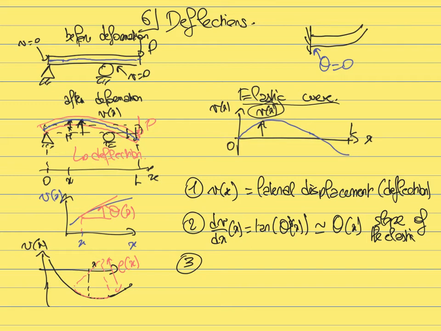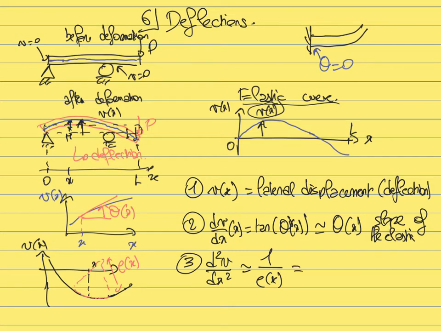So this is only valid for when the deformations are small, in the case of small deflection. But when deflections are fairly small, then what you can write is that the second derivative of the v function is almost equal to the inverse of its radius of curvature.